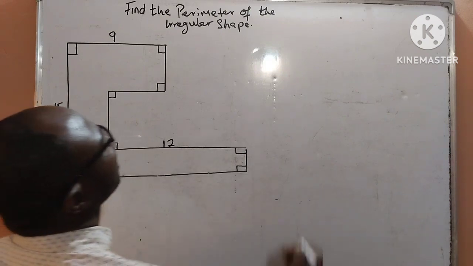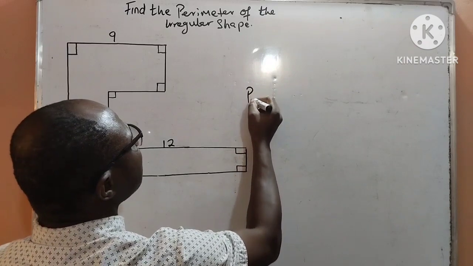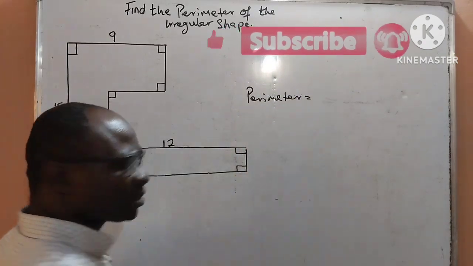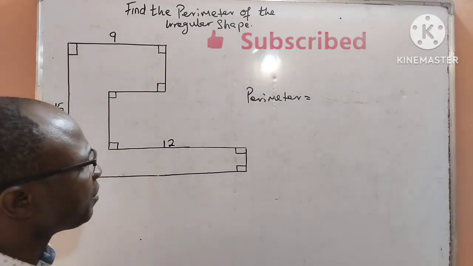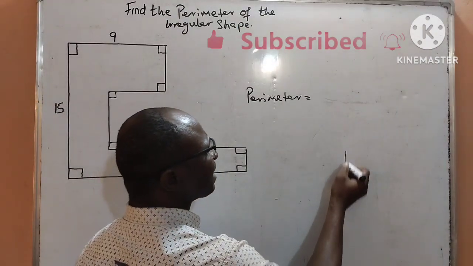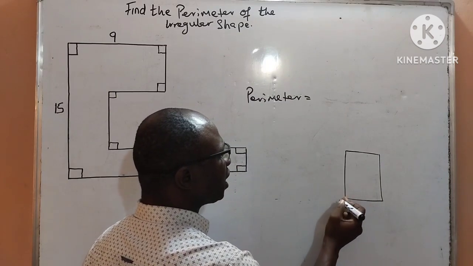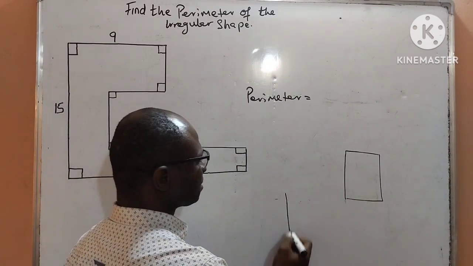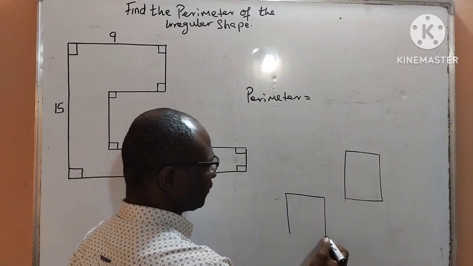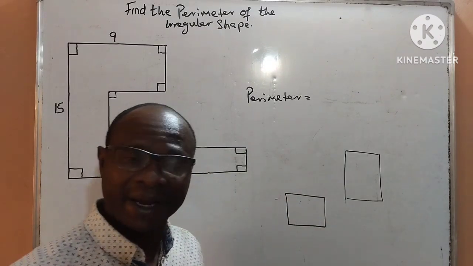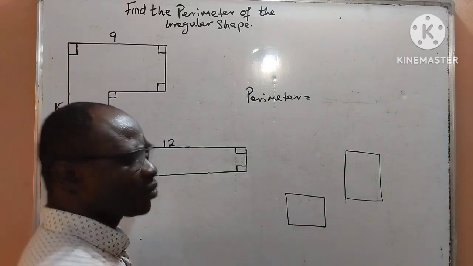Alright, we begin. Perimeter of the figure on the board. First and foremost, when you are given a rectangle or a square, for a square, of course, all four sides are equal.